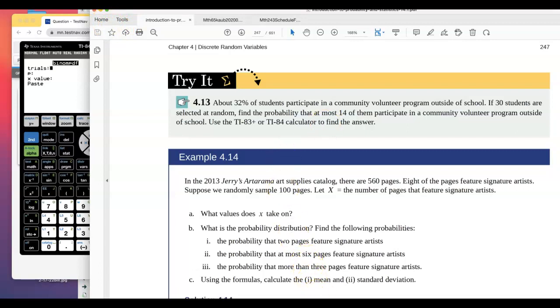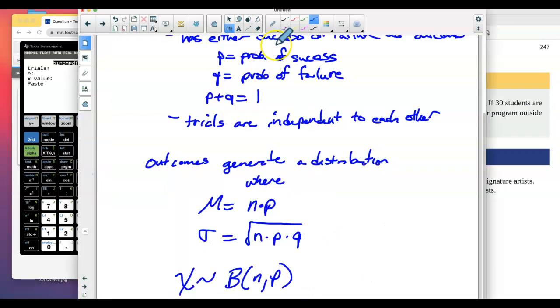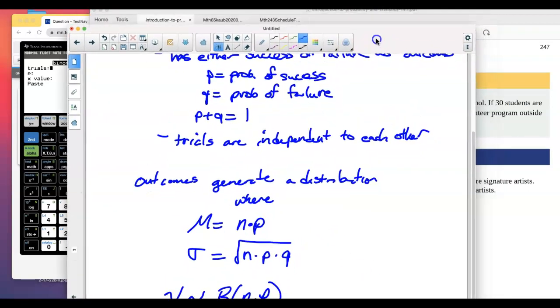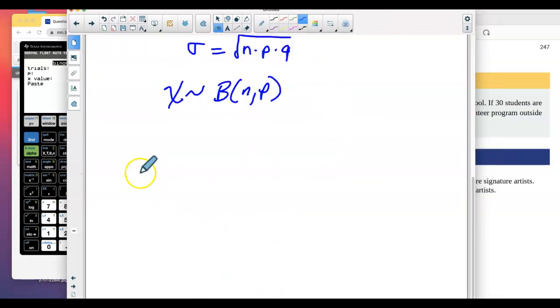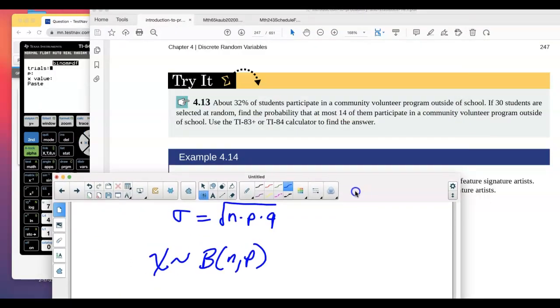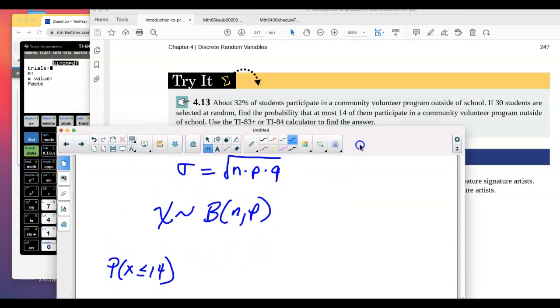Let's go back to here. All right, and then let's say we're going to do at most, so that means it's going to be P of X is less than or equal to 14 is what we're looking for here. At most 14, less than or equal to 14, because that means at most.